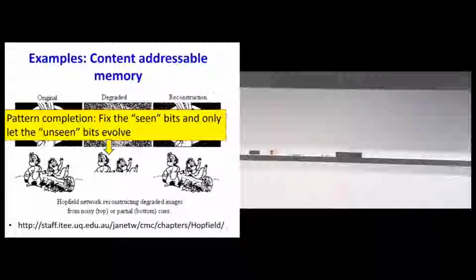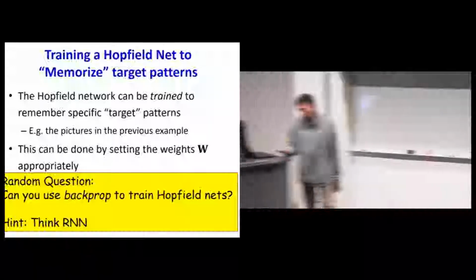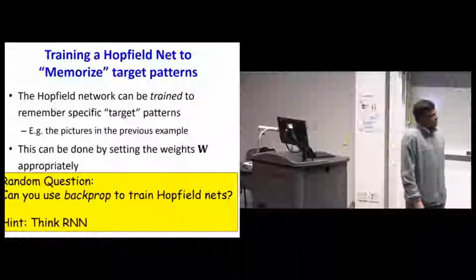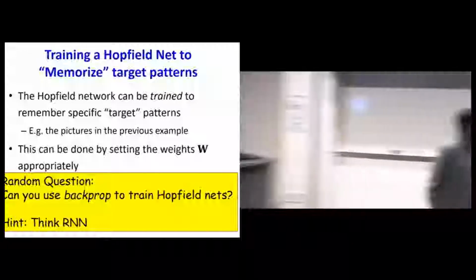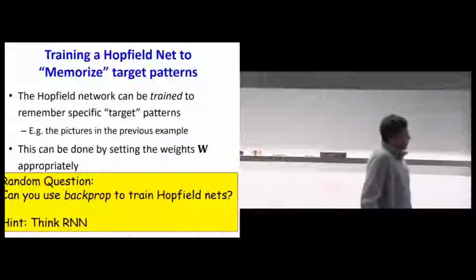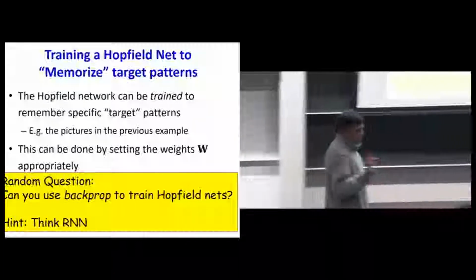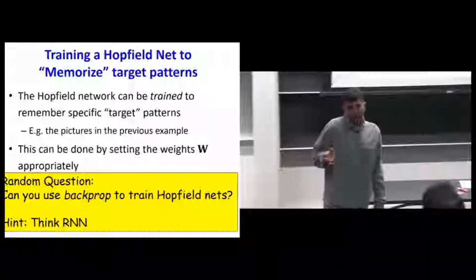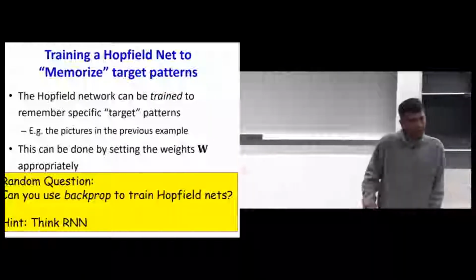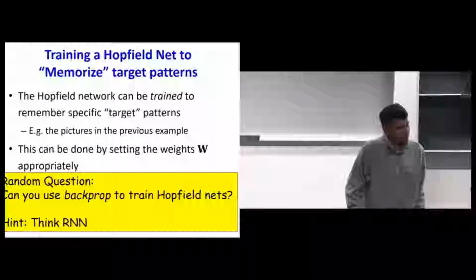Now, we saw that a Hopfield network can be trained to remember specific target patterns, like the pictures in the previous example. And this can be done by setting the weights appropriately, right? Now, question: do you think you can train a Hopfield network using backprop? It's not a feed-forward network, and if you try to get gradients, you will... Correct.